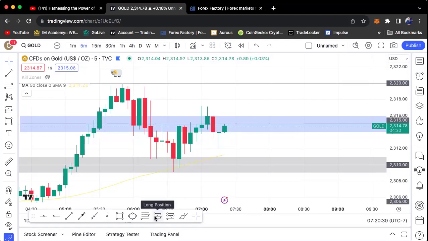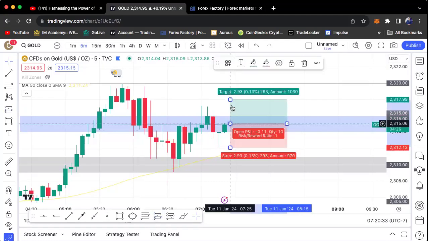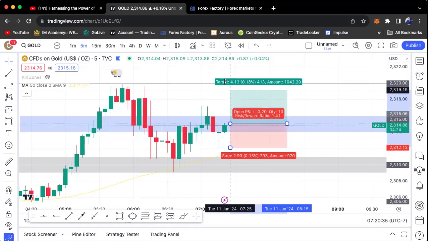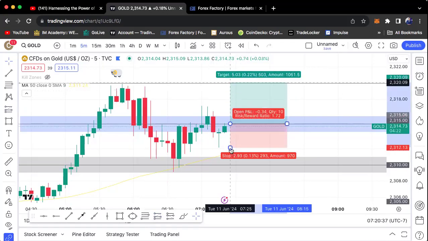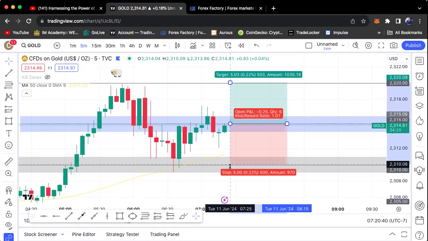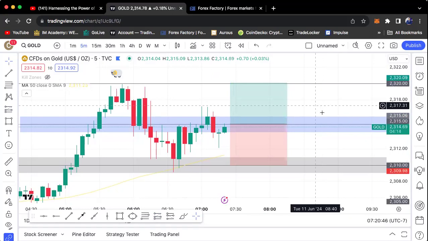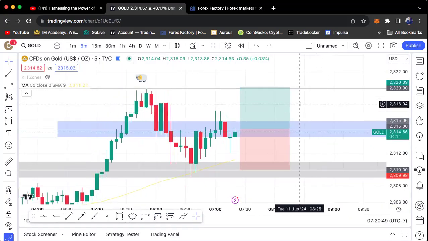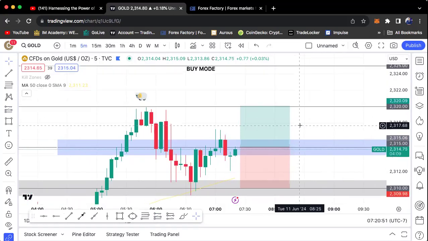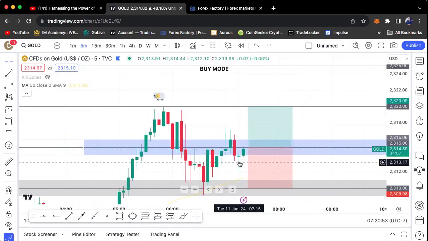I will wait for the next 5-minute candle. It failed to come back down to the zone here. I want to wait for another bullish candle to form to really confirm it, because that's like a morning star, a doji morning star candle.